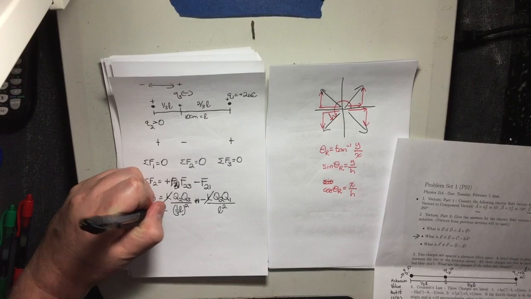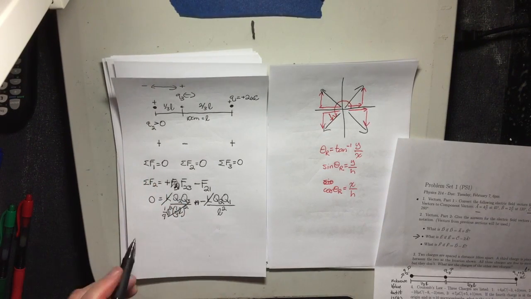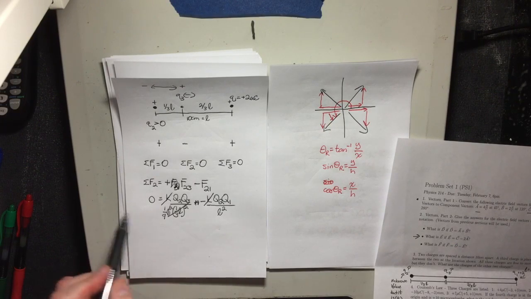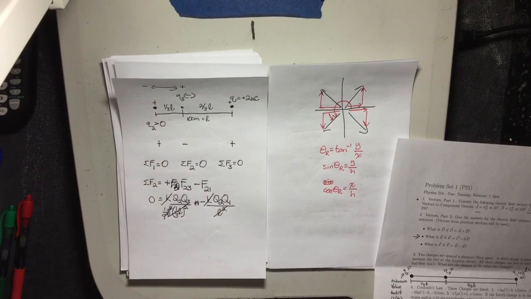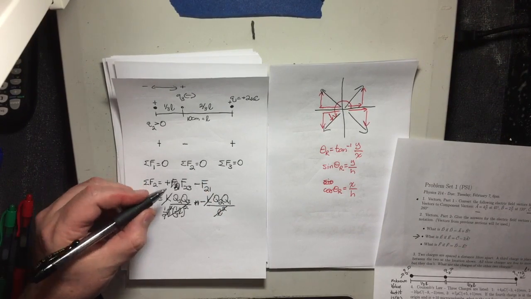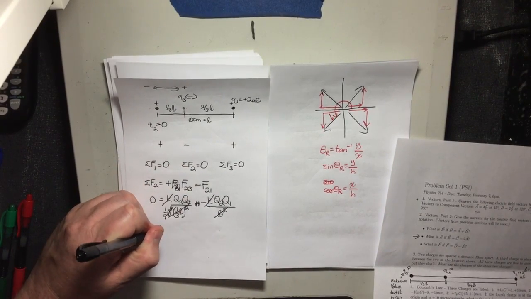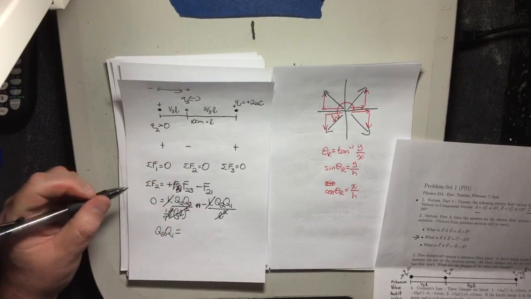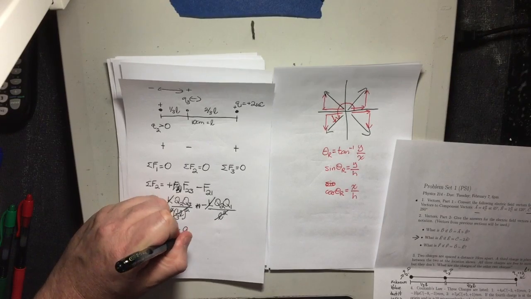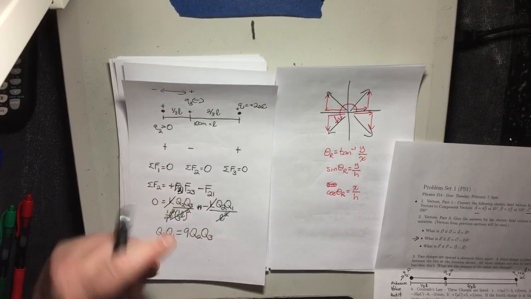This is 1/9 L squared. That is L squared. Multiply both sides by L squared. They go away. Let me simplify this a bit. That comes over here, Q2, Q1 equals 9Q2 Q3.